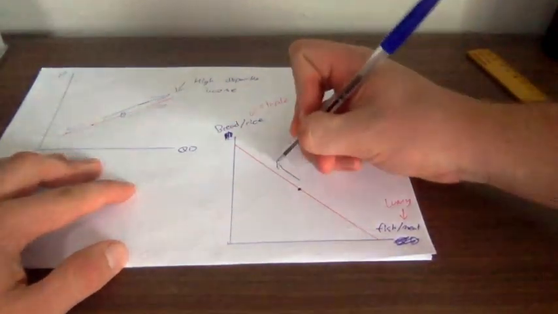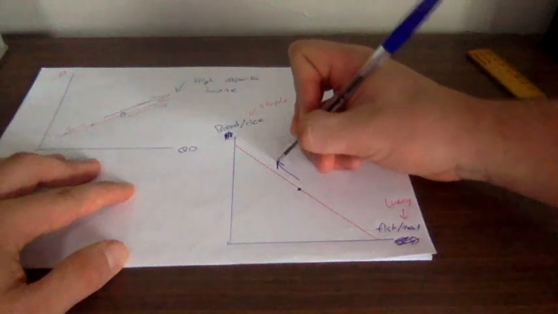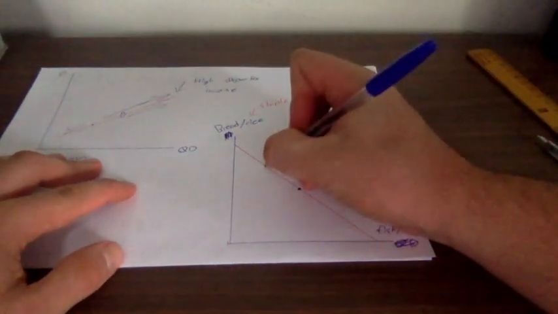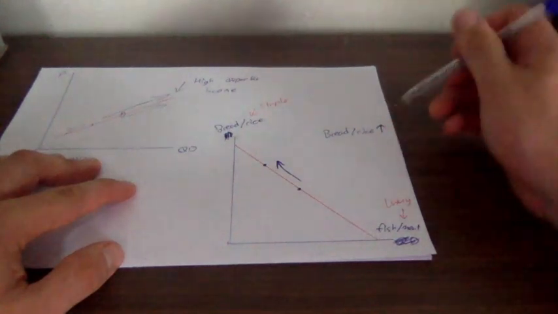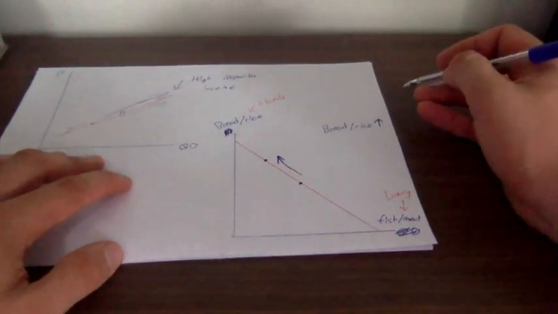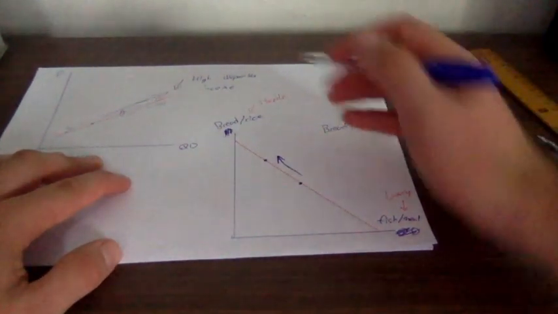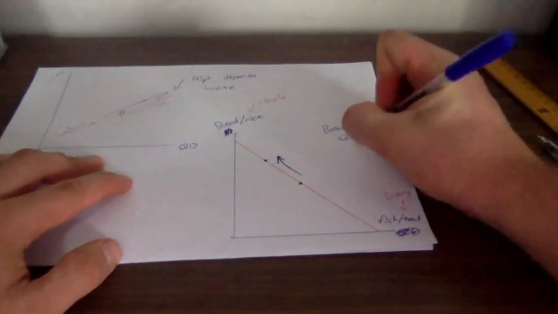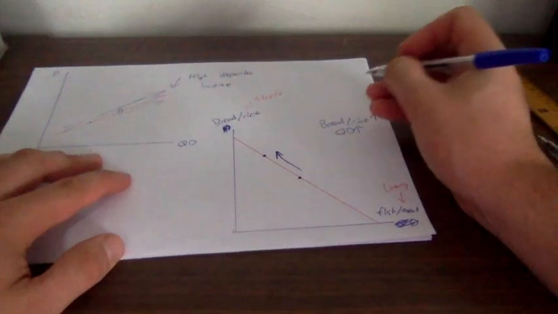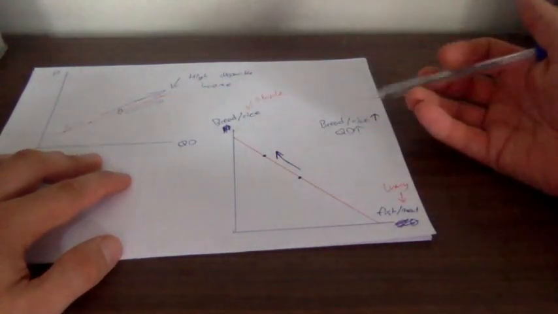So now it's focused over here. All right. So we're going to shift this way, because the price of bread and rice has increased. So because of that, now to fill up the majority of our diet, we're going to have to purchase more of those.